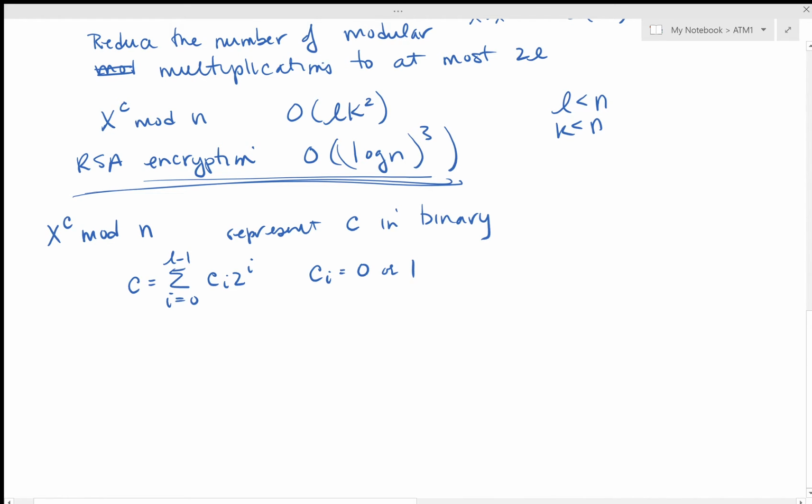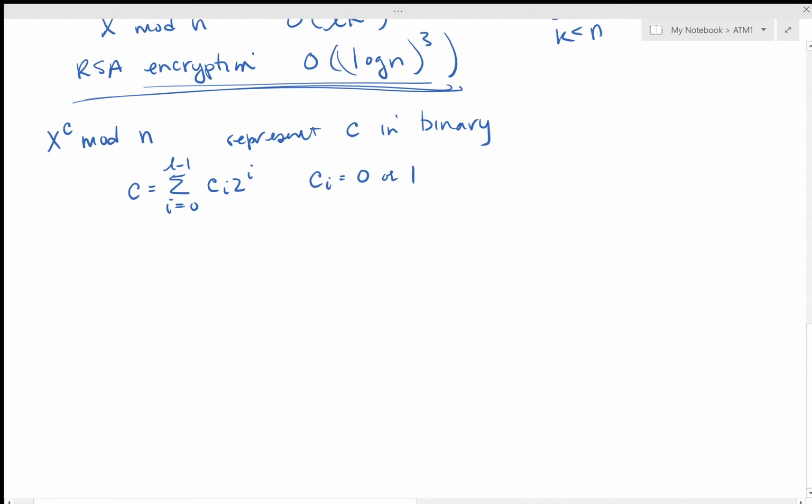I'm going to first write out the algorithm, and then we'll go through a small example so we can see what's happening. Then we'll go through a slightly bigger example. Here it is. I'm going to call it square and multiply. There are 3 inputs: x, c, and n.